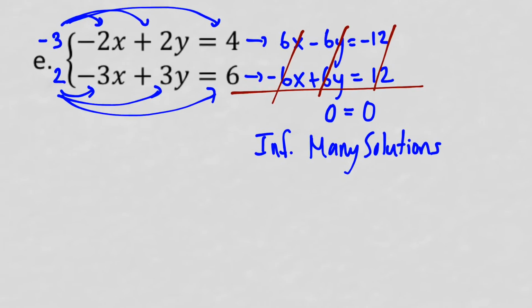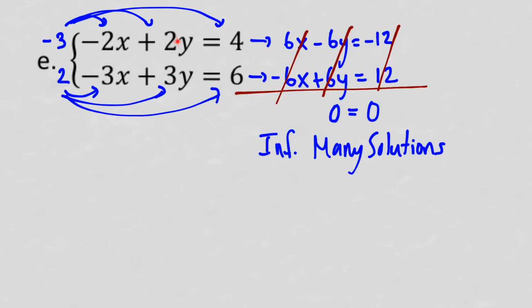What that basically means is that if I was to graph these two lines, they're the same line. One is on top of the other. They're what we call identical or coinciding lines. If I had no solution, if it was 0 equals some other number, that would mean that the lines are parallel. But in this case, they're identical, which means infinitely many solutions.